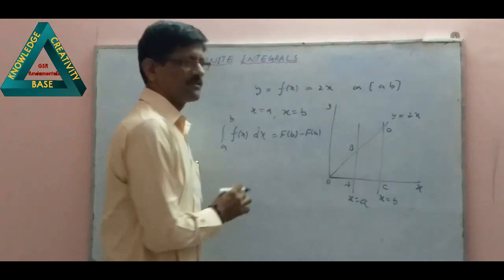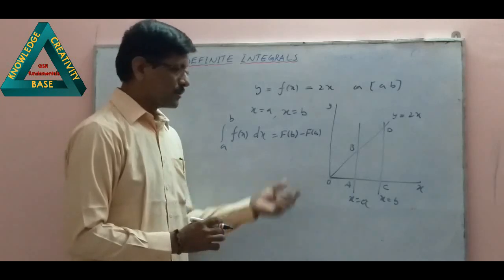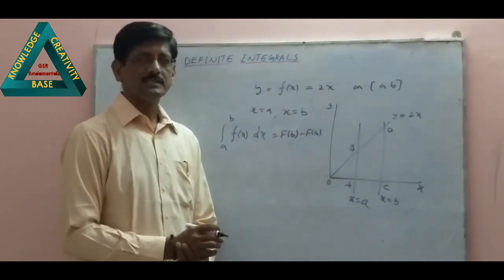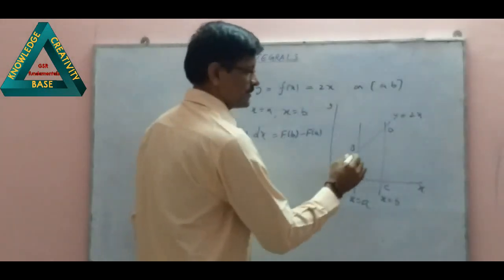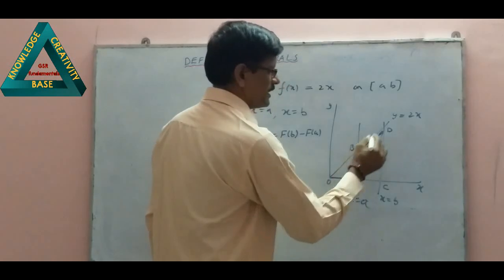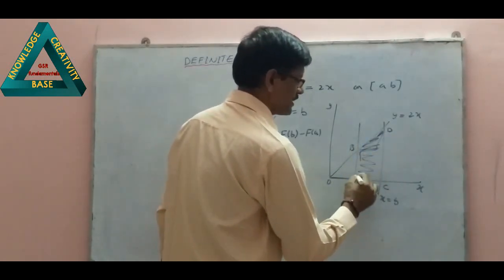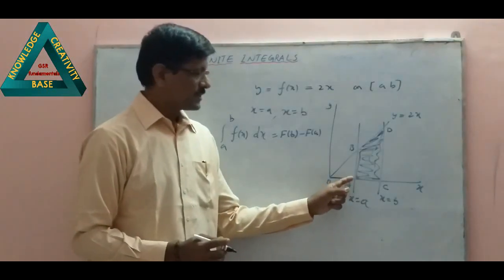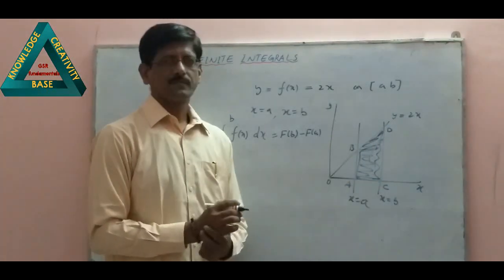This is a definite value. So this represents a unique value. That value is the area of this one, A, B, D, C. So this represents area of the A, C, D, B.